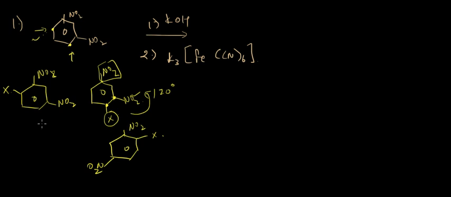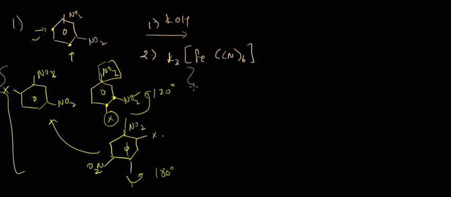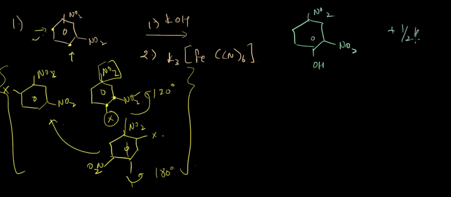Now in this plane you rotate this compound 180 degrees, and you would get the same compound. Hence I say that you can pick any of the positions. So the product we get is something like this, and half mole of hydrogen gas is released.